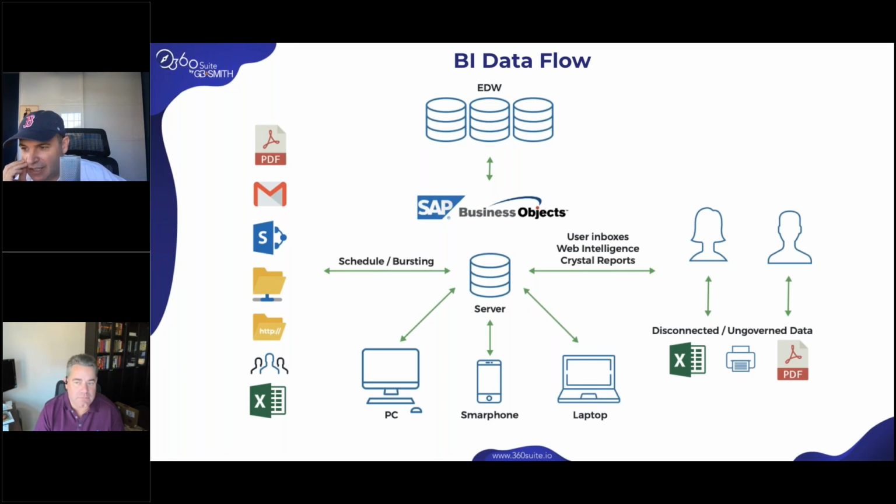One key point is, as long as what you're sharing stays within your BI environment, it's governed. So it's very manageable, because you've got a complete audit, you understand what's going on.